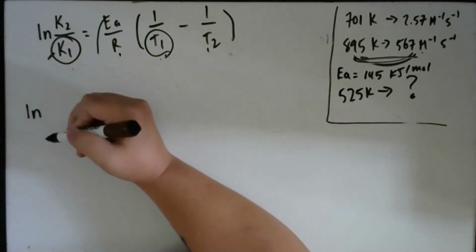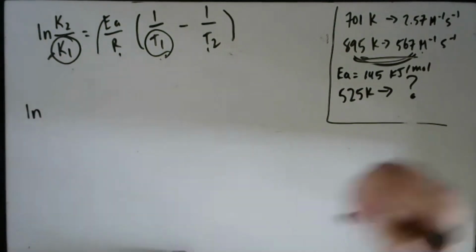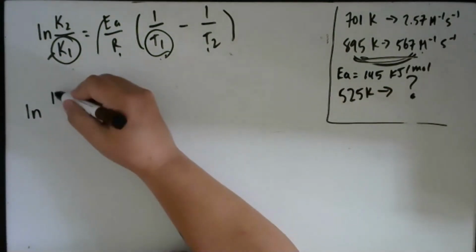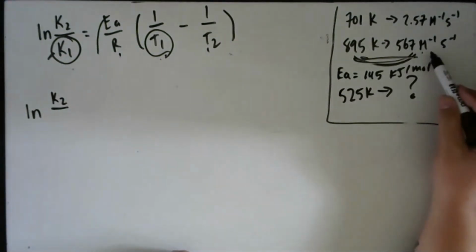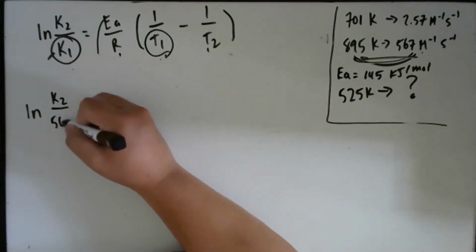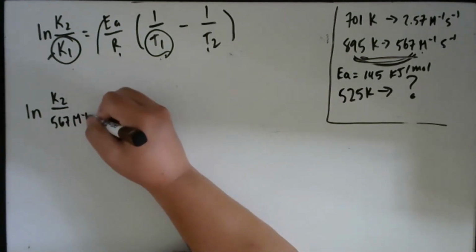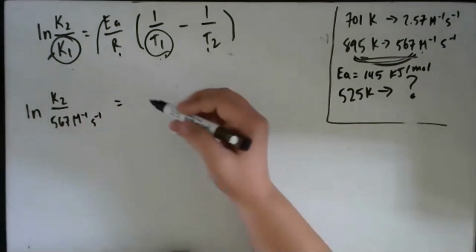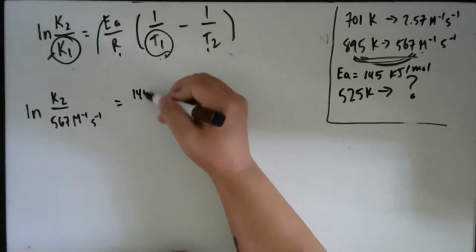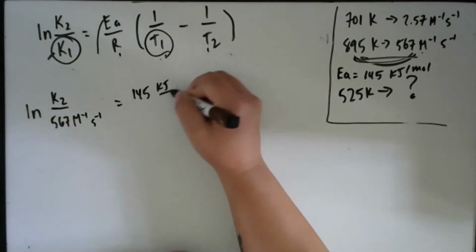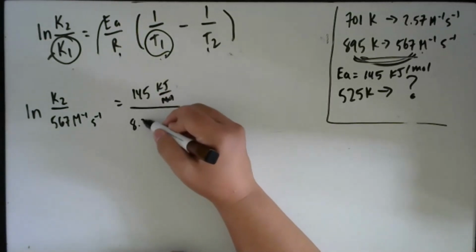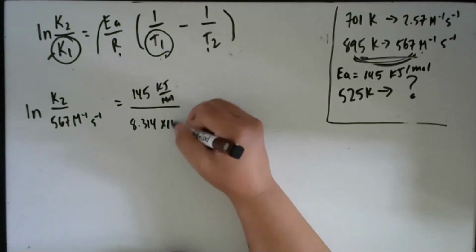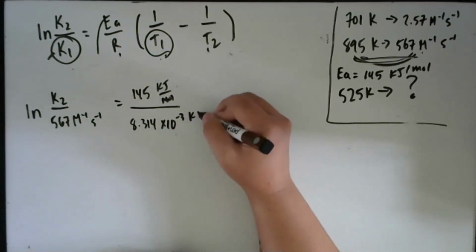So we're going to have the ln of K2 over 567 equals EA, which is 145 kilojoules per mole, over R, 8.314 times 10 to the negative 3 kilojoules over moles Kelvin.